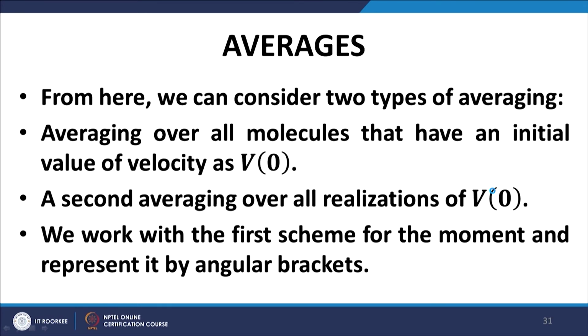Now, from here we can draw certain interesting inferences. The first thing is that averaging can be done in two ways. One way would be to average over all particles in the ensemble that have the initial velocity of v naught.